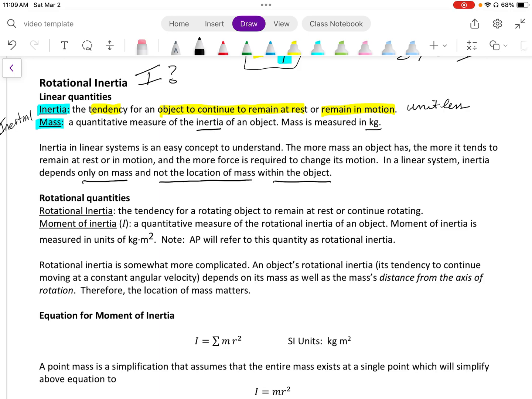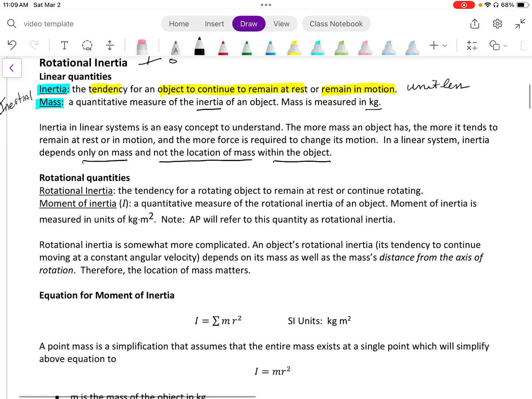So if we have a box that has some dumbbells inside the box sitting on the ground and we want to accelerate that box at 5 meters per second squared, for example, we have to put a certain force on that box. And it doesn't matter that all the mass is located basically at the bottom of the box because the dumbbells are very heavy and they're in the bottom. That force will not change based on where those dumbbells are located within the box.